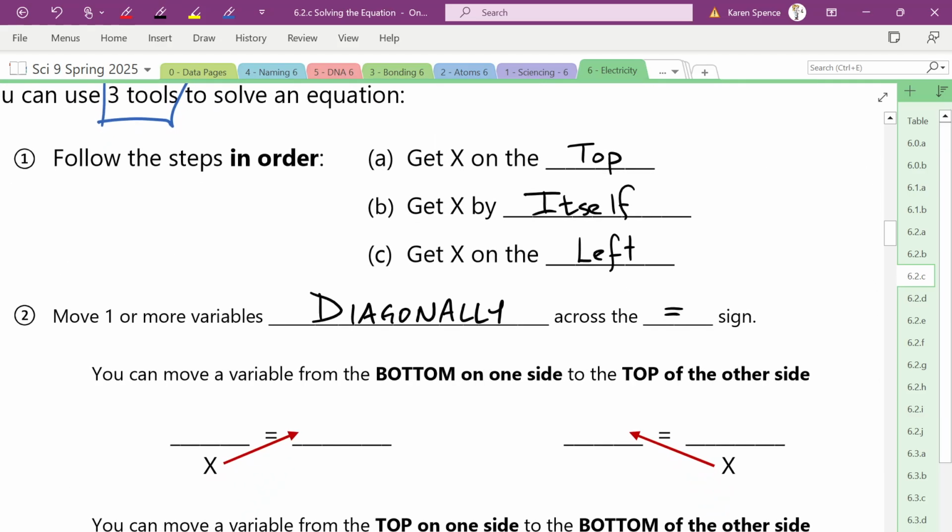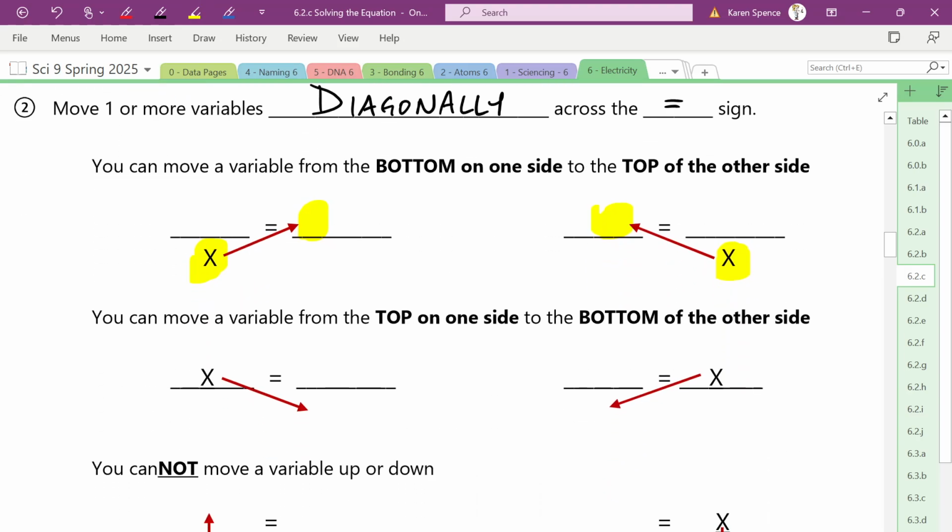So here's just an illustration of what that looks like. If you have X down at the bottom, it can move up to the top on the other side. If it's on the top, you can move it to the bottom of the other side.